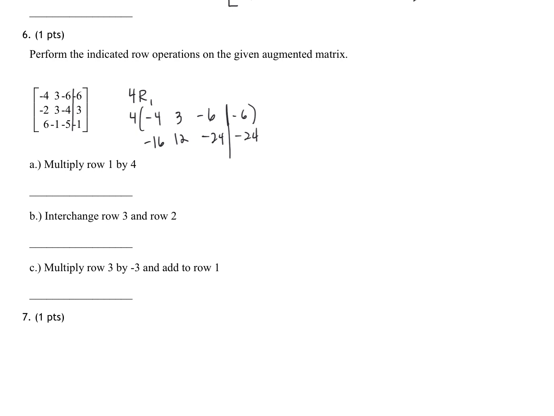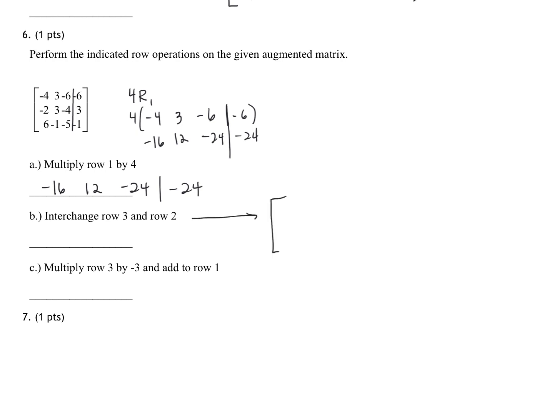And I don't know, it has a blank here, so I'm not sure if you're just writing that row in, because sometimes when I download this, it doesn't copy appropriately. So I'm not sure if you just put that row in or if you put the whole matrix in. If you put the whole matrix in, remember that you're only changing row 1 and you're not changing row 2 or row 3 for part A. For part B, you're just interchanging row 2 and row 3.